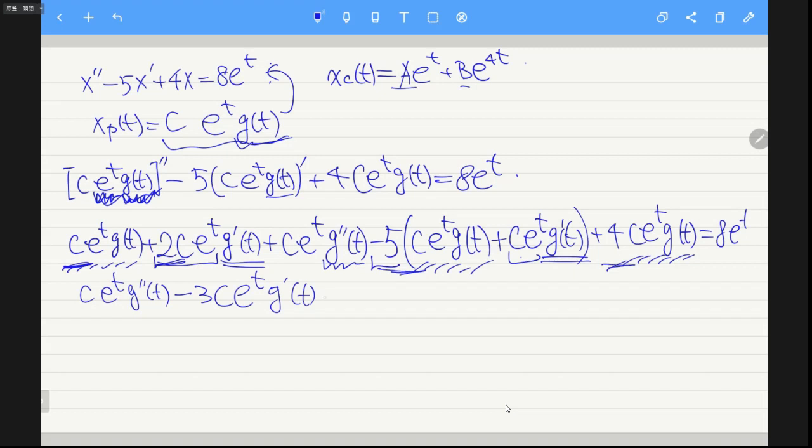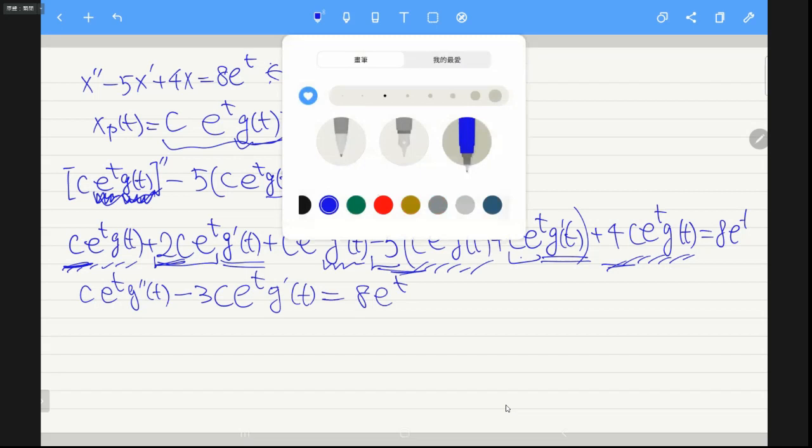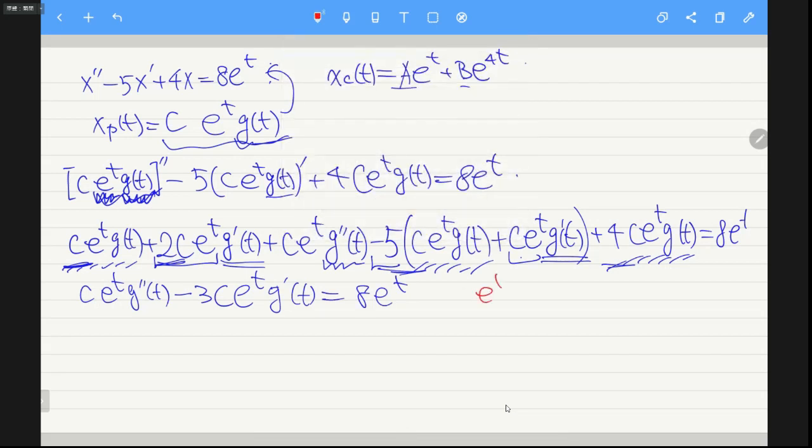So we finally have this equal to 8 exponential to t. You can see here we don't have g of t. Exponential to t is not 0, so we can cancel it.